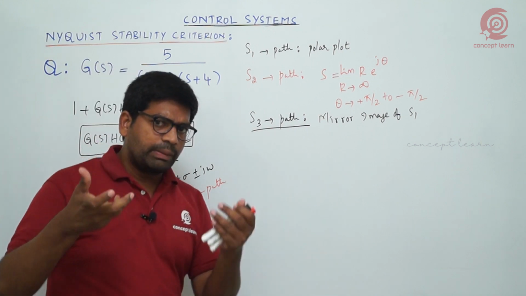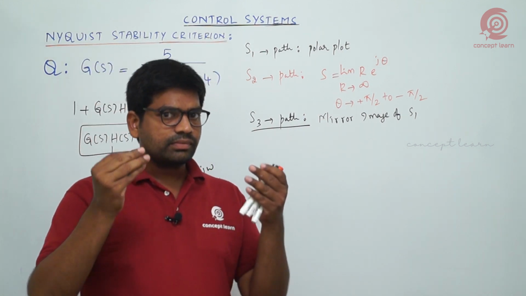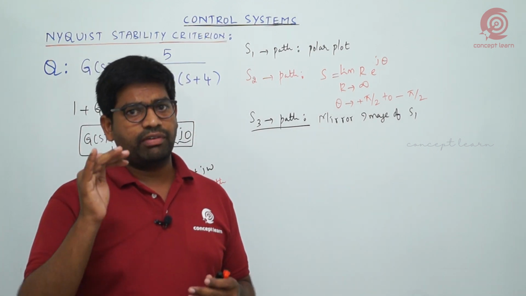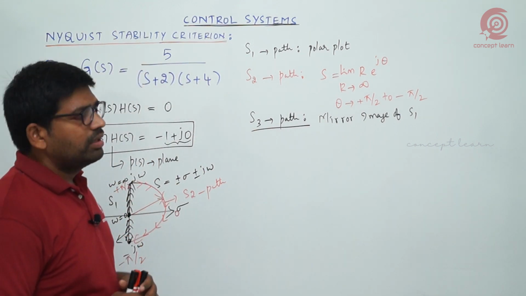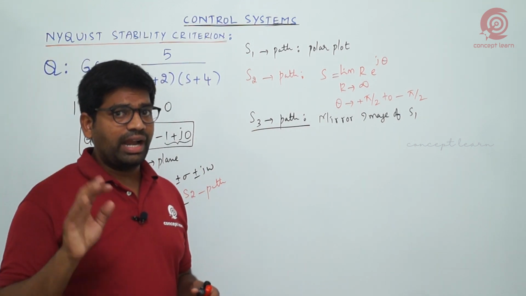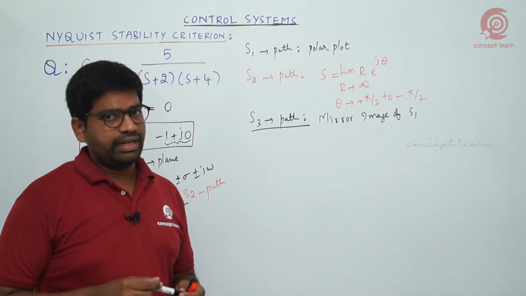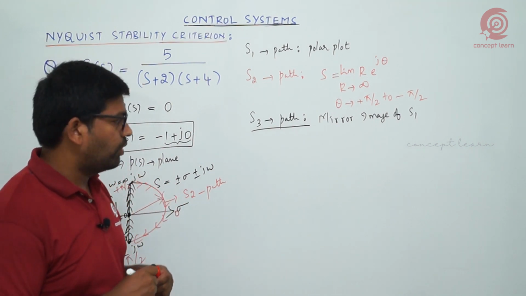Generally how do we draw the polar plot? Polar plot is nothing but the absolute values of magnitude and phase angle with a variation of frequency from 0 to infinity. But if it is in standard transfer function form, then we can directly and easily draw the polar plot with some logic.